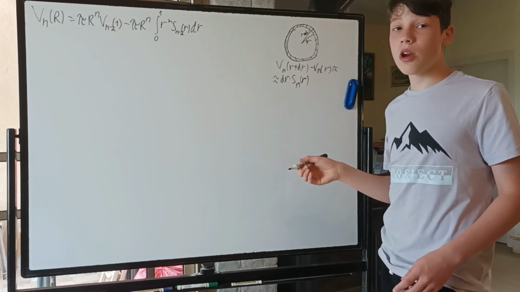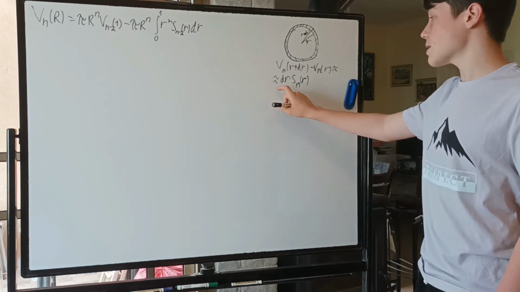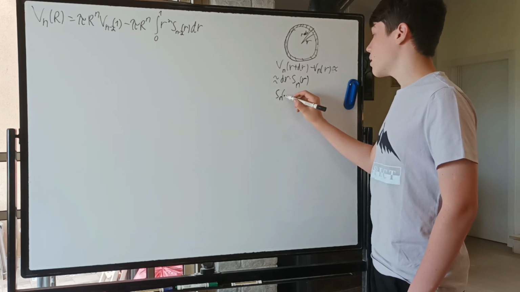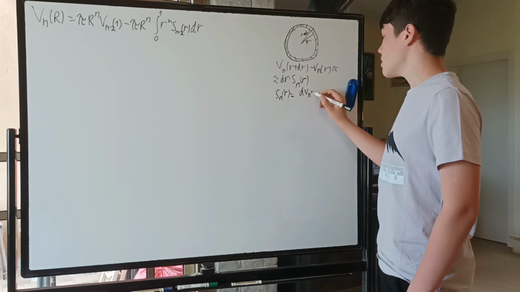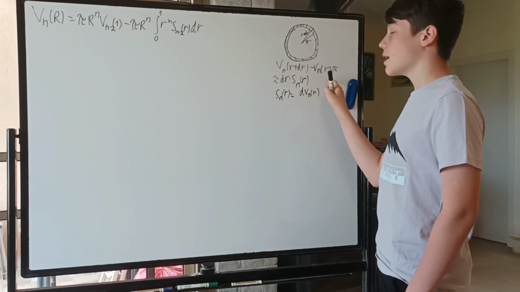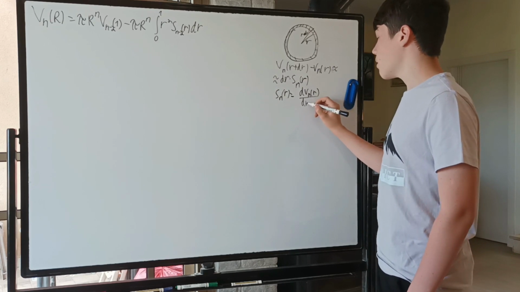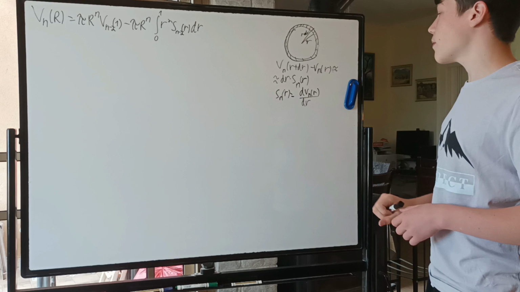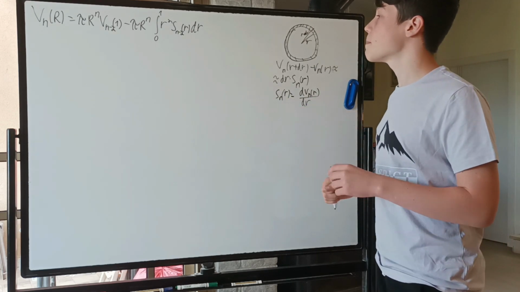And in fact, as dr goes to 0, this will turn to an exact equals, and so when dividing by dr, we'll end up that dV_n(r), which is this small difference in V_n, divided by dr, is exactly the derivative. The derivative of V_n(r) with respect to r is S_n(r).